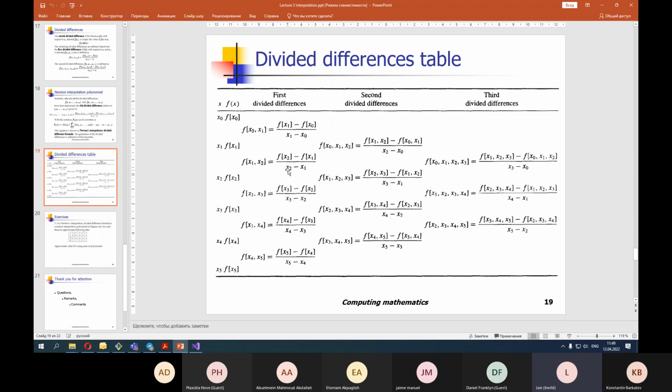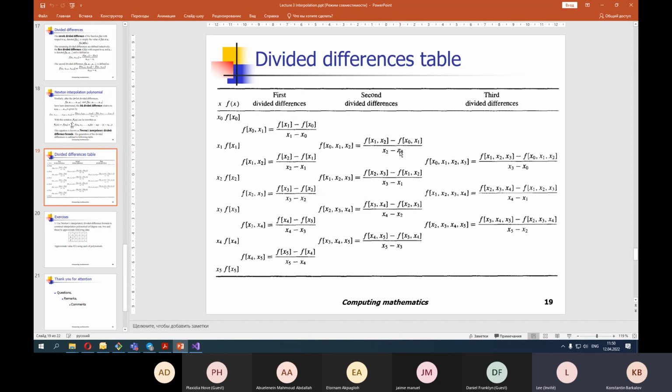Here we take x2 minus x1, here x2 minus x0. Minus 2 over 3?